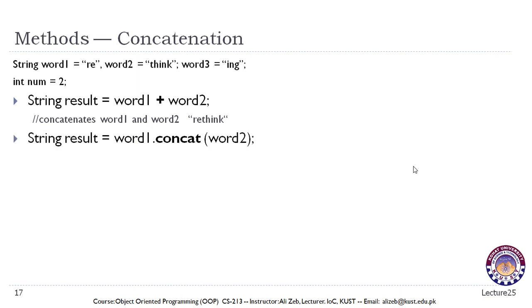Similarly, word1 and word2 can be concatenated using the concat method. This should also return rethink. So we can concatenate the strings by using the plus symbol or using the concat method, or we can add a string to another string using the plus equal to operator.